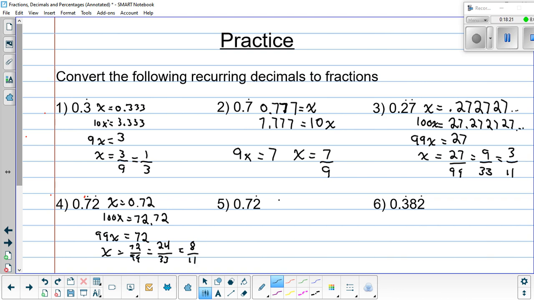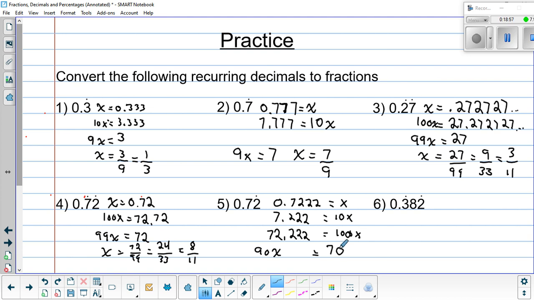Here, keep in mind this changes the problem. Here we're doing 0.72 with only the 2 recurring, is equal to x. 10x is then 7.2, and 100x is 72.222. So when we subtract 100x and 10x, we get 90x, and that's equal to 70.